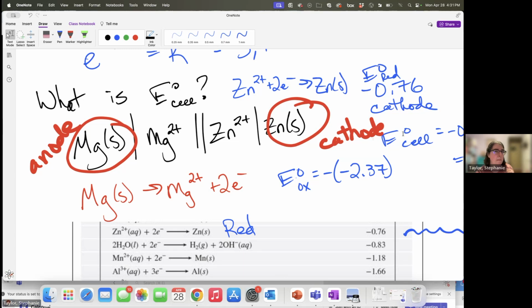Beakers don't, because if we were sitting at a table and you're sitting across from me, my left is your right and vice versa. Cell line notation has a left and right because everybody who looks at the page sees the anode on the left and the cathode on the right, no matter where we're sitting.